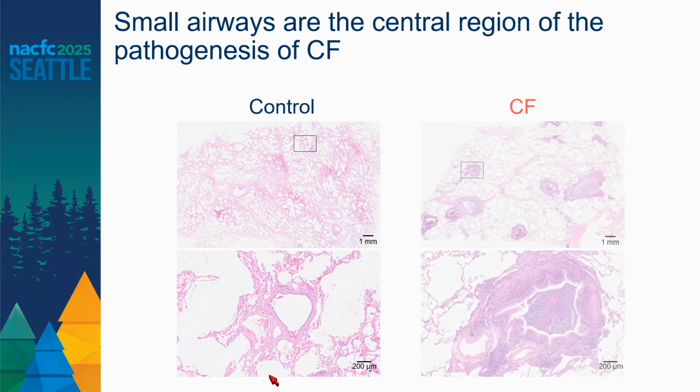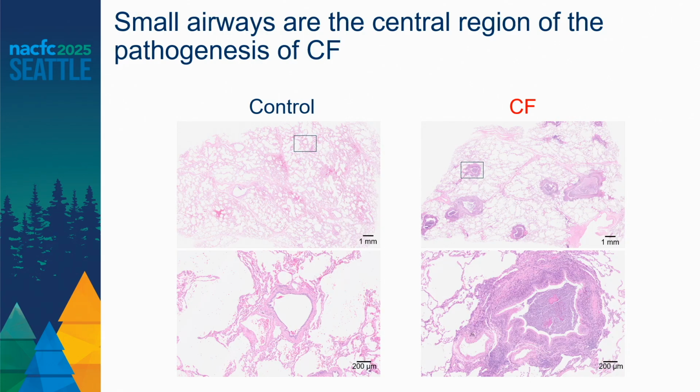But when we check the CF lung tissues, these are transplanted lung tissues from CF patients, we can see that most of the small airways are filled with neutrophil-rich mucus plugs. So most of the small airways are affected in CF.